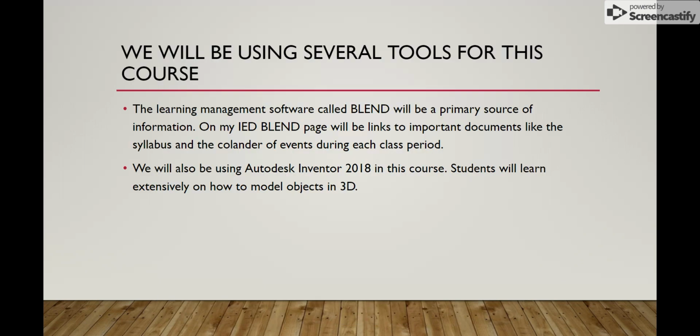We will also be using later on in the year a very powerful piece of software called Autodesk Inventor 2018. We're going to use this for 3D modeling. Your student is going to be building a lot of neat pieces in that software. It is in fact available for you to download if you have a PC for free. You'll need to use your student's email address as a login.